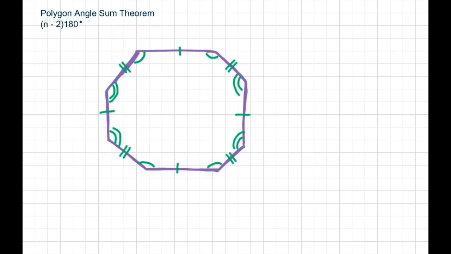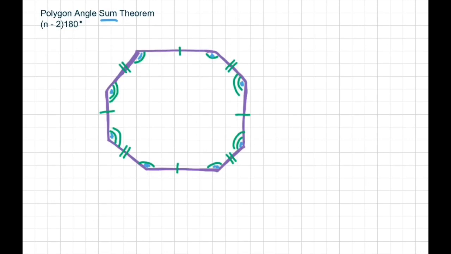Remember that the word sum means I'm adding everything together. So the whole total of every angle, when I add every angle inside the shape together, what that equals.